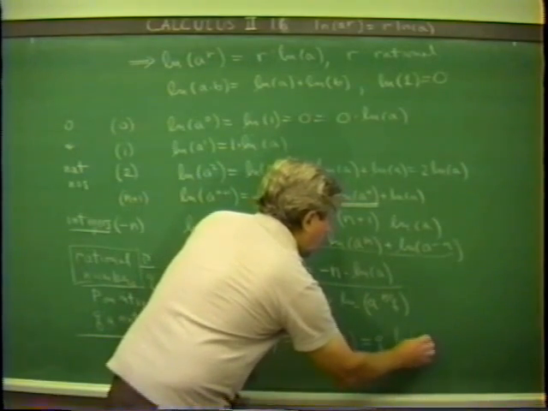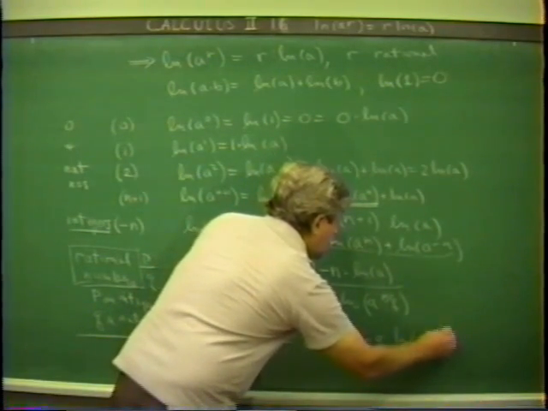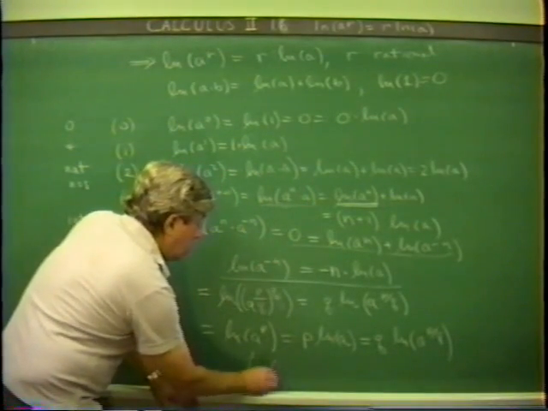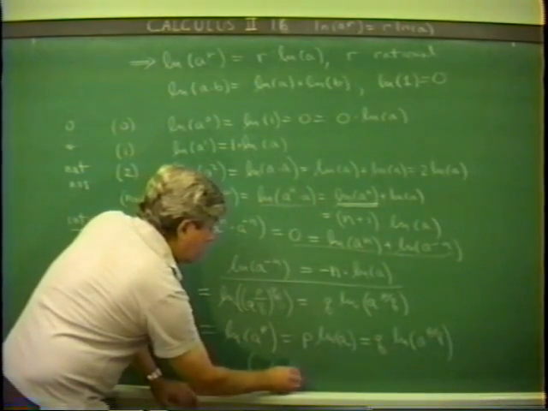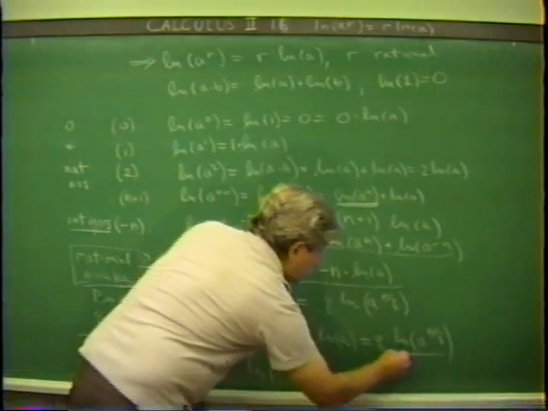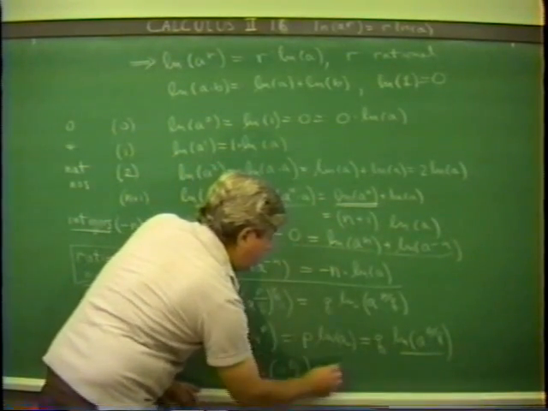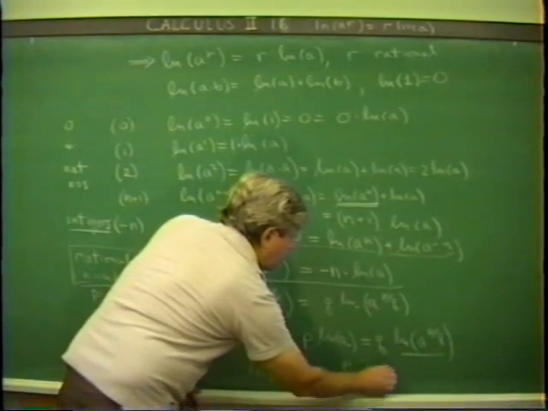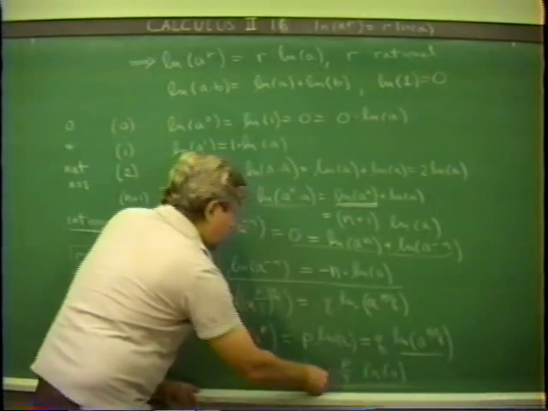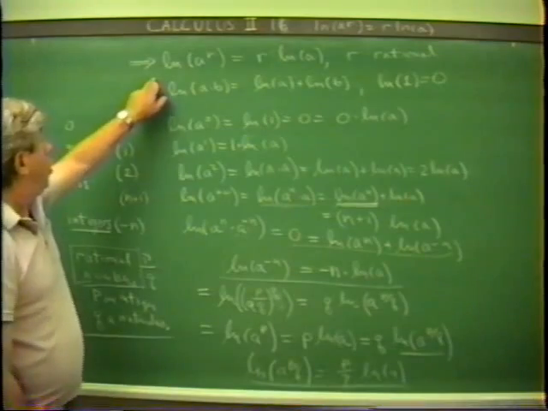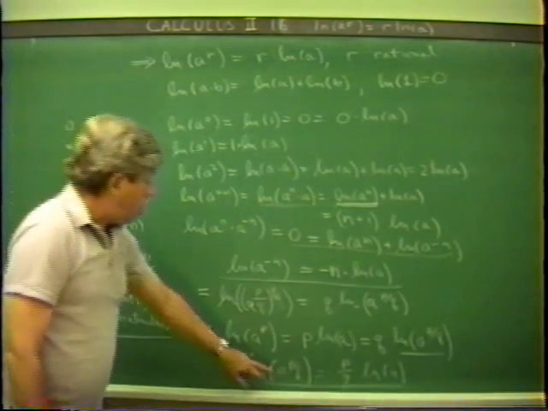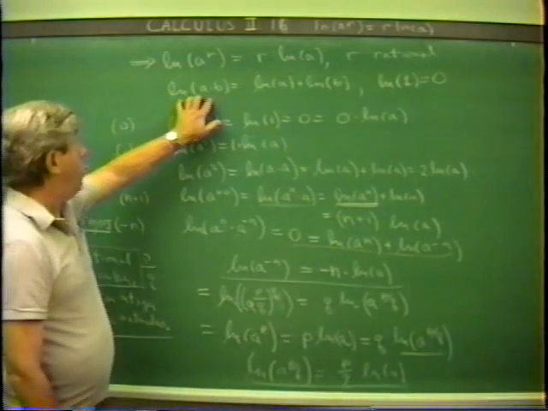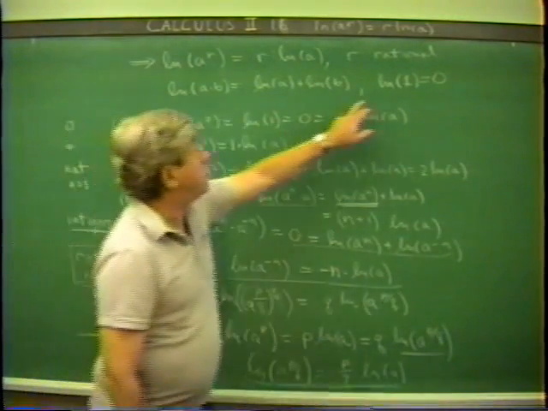So p log a is equal to q log of a to the p over q. And consequently, the log of a to the p over q is equal to p log a divided by q, or p over q natural log of a. And that shows then that this rule here holds for all rational numbers of the form p over q.